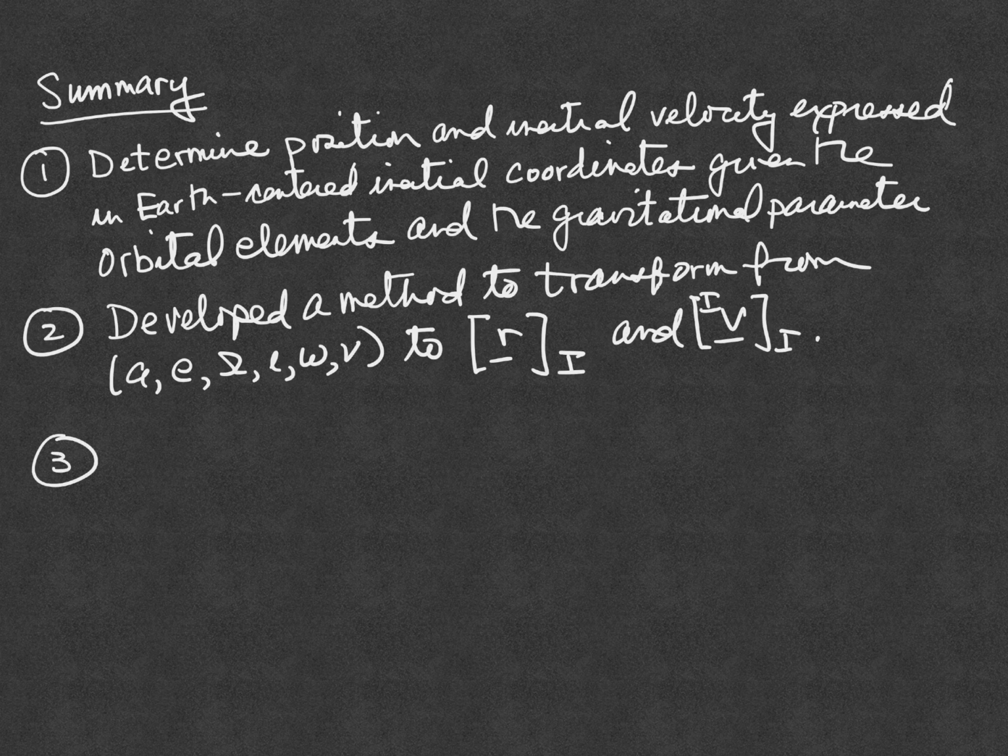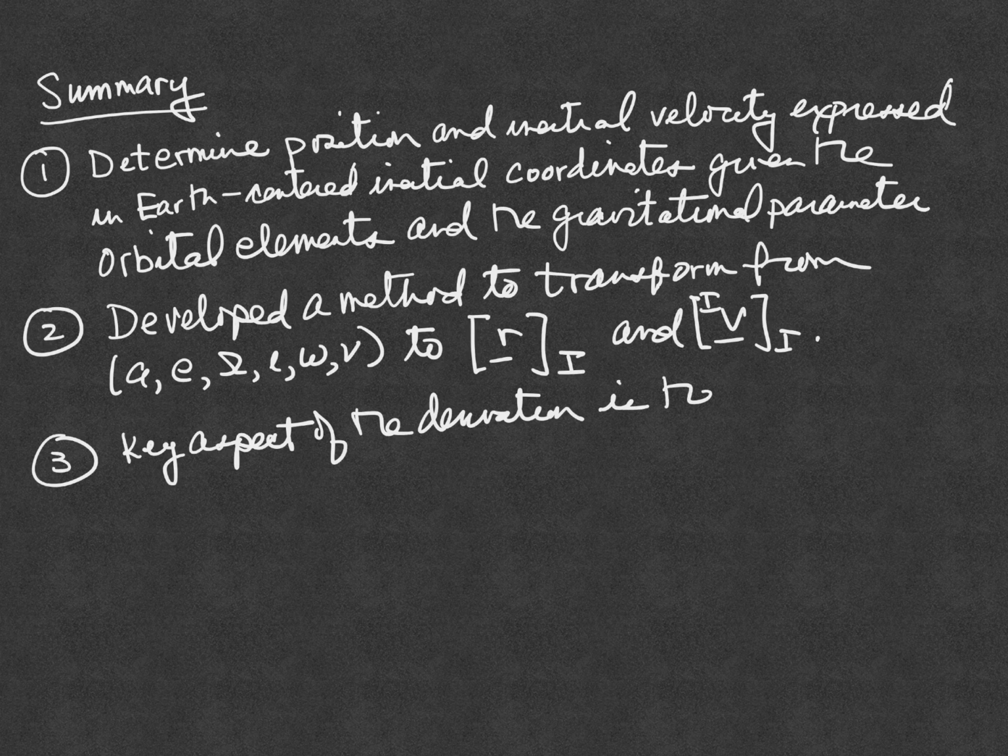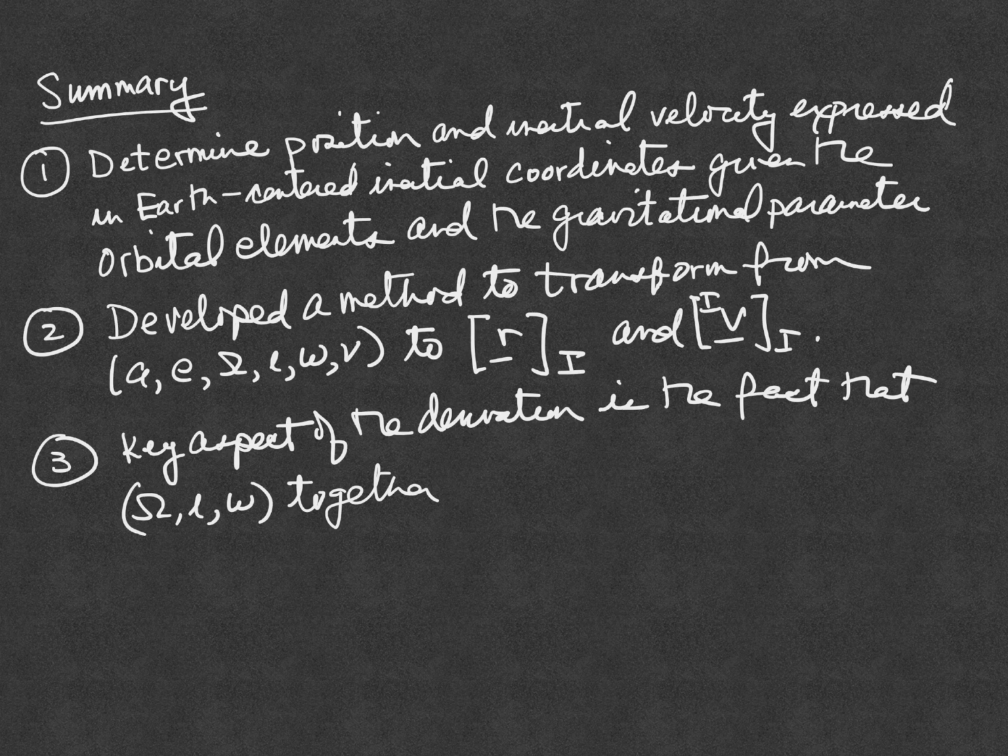And as a reminder, a key component of the derivation is the fact that omega, i, and little omega together form a 3-1-3 Euler angle sequence.